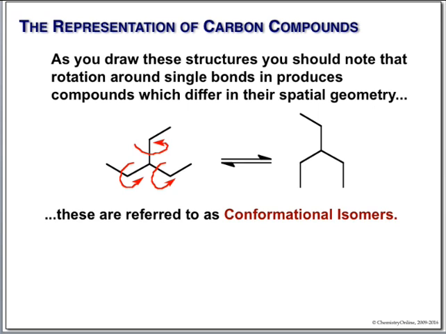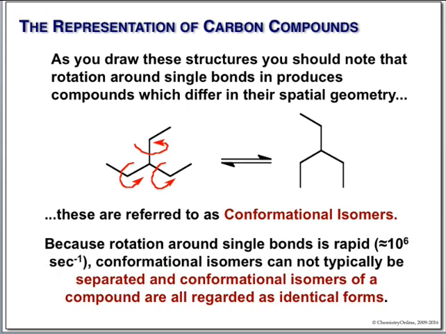So instead of drawing it this way, you could draw it this way. This is 1, 2, 3, 4, 5, 6 with a 2-carbon side chain. Exactly the same molecule. They just rotate so quickly that you can't tell them apart.